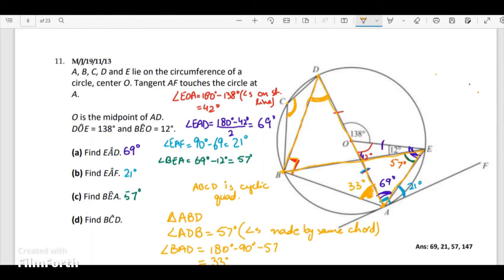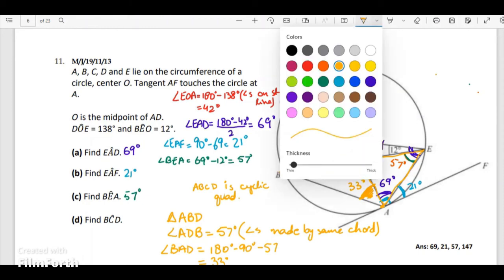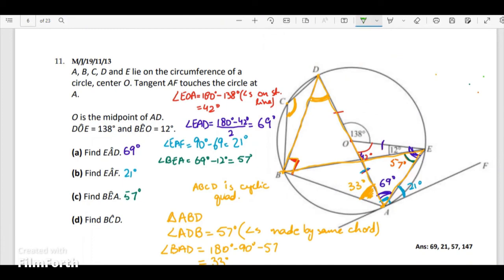By the way, we are not done yet, because this is not what we were interested in. We had to find this angle. The reason we found this angle is so that we could apply the property of cyclic quadrilateral and say that this angle and this angle are supplementary. So now angle BCD would be equal to 180 degrees take away 33 degrees.